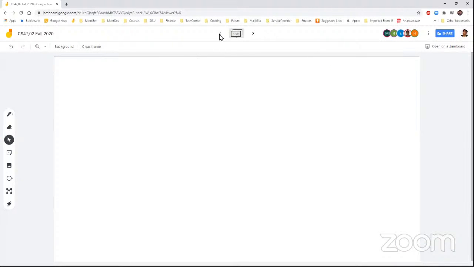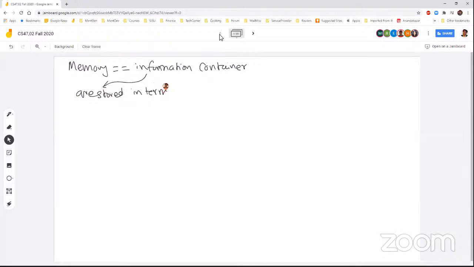And this information is stored in terms of bits.